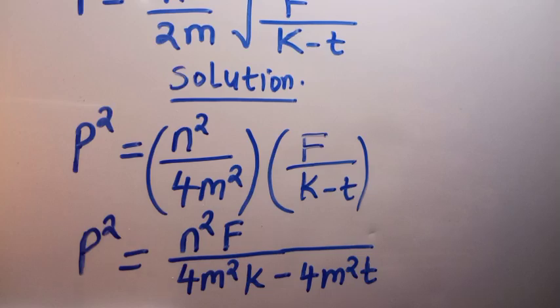Now, at that point, we shall also multiply by what we have on our denominator on both sides, so that we get rid of what is on the denominator.